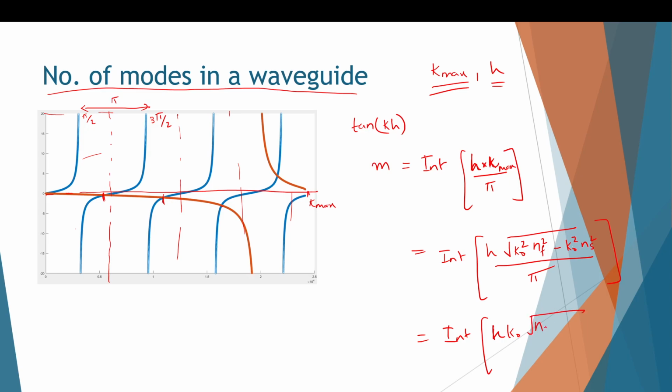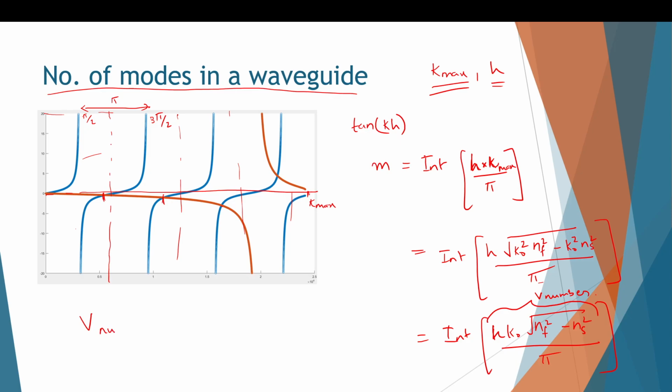So root of nf square minus ns square upon pi. If you remember the first or second lecture, we had seen that this number is nothing but the v number. So today we define this as a v number.